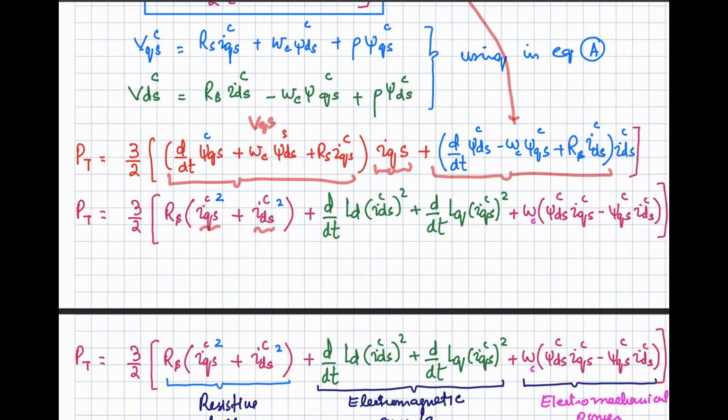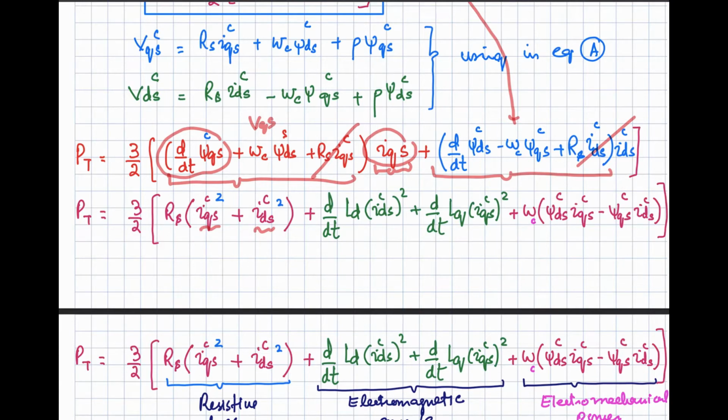Which terms are these? This is basically this part. Here you can see IQS square with RS, and then IDS square from here. So these two terms have been considered over here. Let's mark it done. Then the derivative part: the derivative of phi QS, just consider this term, phi QS and its product with IQS.